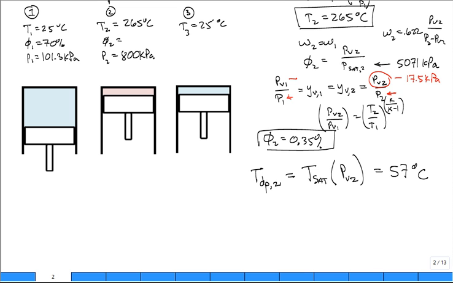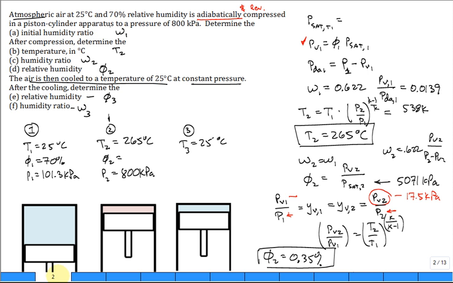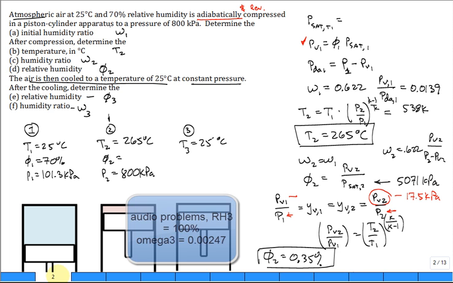When I hit 57, what do I know about the air? It's saturated. If I cool it to 55, it's still saturated, but some liquid's collected at the bottom. If I cool it to 40, if I cool it to 30, more liquid collects at the bottom, but does the air stay saturated? With that information, now tell me, what is the relative humidity at state 3?